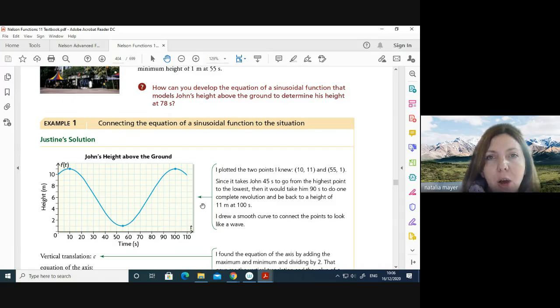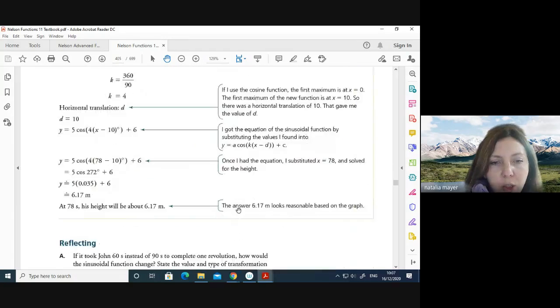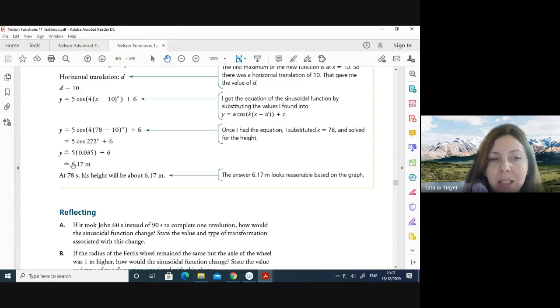Absolutely, because an algebraic model will always be accurate compared to your manual sketch. So we just need to substitute 78 instead of x, because x is time, and put all of this on the calculator to get the height, 6.17 meters. So after 78 seconds, his height is going to be 6.17 meters above the ground.